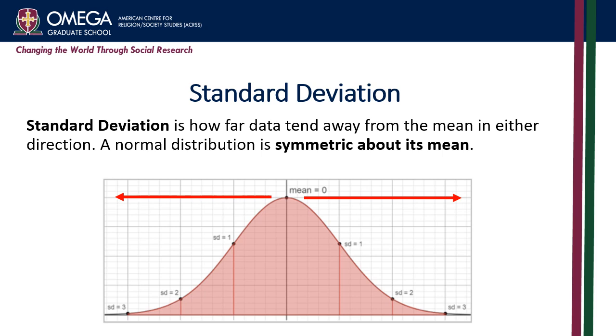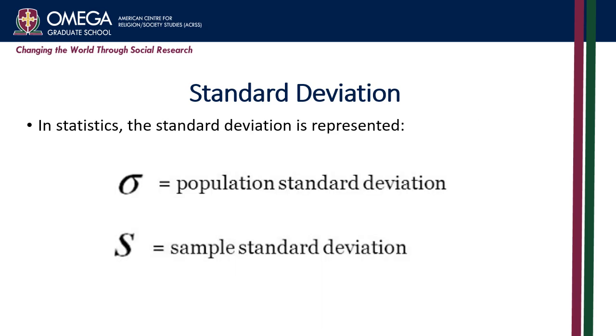The important point is that those standard deviations are symmetric or equal about the mean. And you can see the width of those columns is relatively equidistant from the mean itself. In statistics, the standard deviation is represented by the small Greek letter sigma for the population standard deviation, and just S for the sample standard deviation. And much like the mean, we'll be working primarily with the sample standard deviation in dissertation research.